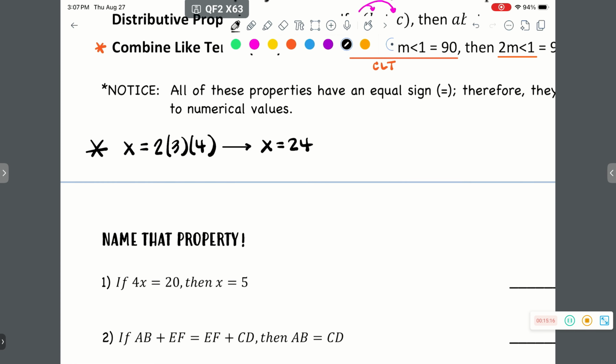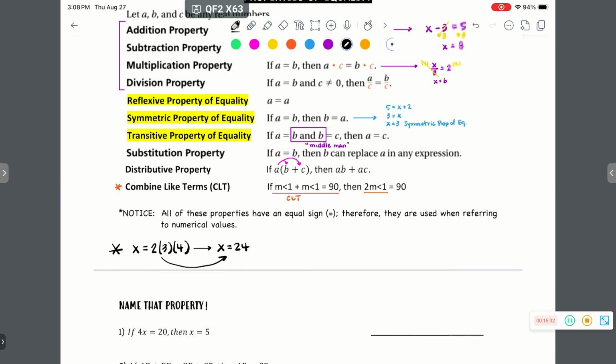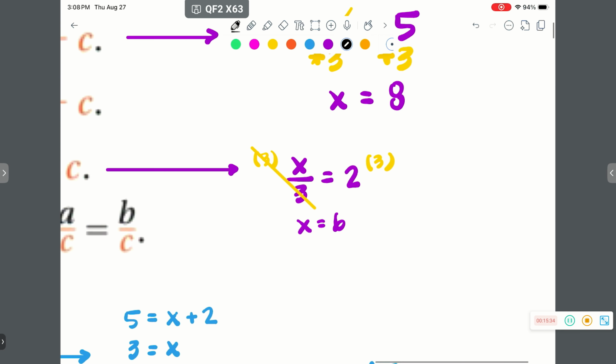Okay, I just heard 4 different answers. I'm going to talk about all of them. So to go from here to here, is this the multiplication property? No, right? The multiplication property is when I'm solving an equation and I multiply both sides by a denominator to get rid of the fraction to solve the problem.